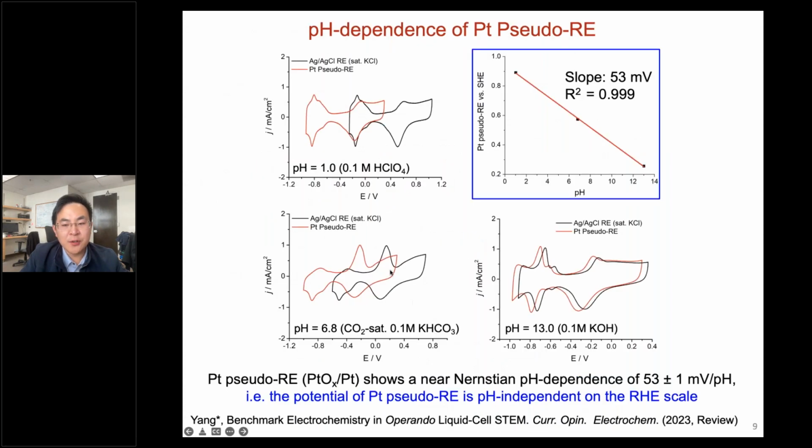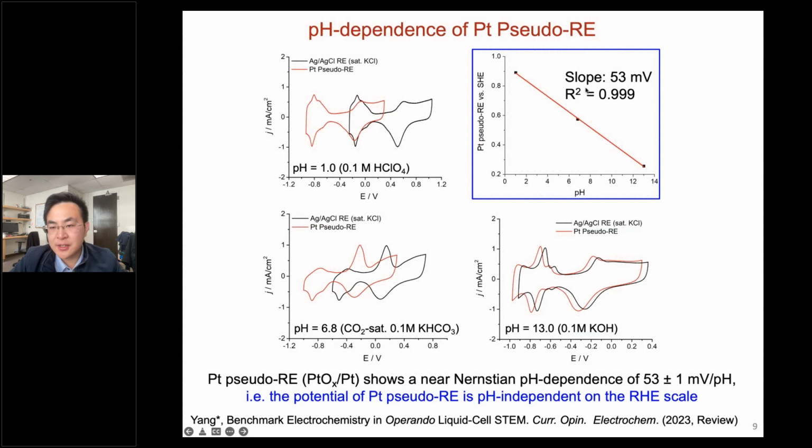So I'm going to give you a summary slide. Given the 3 different pH values, we can build a linear correlation of the potential of the platinum pseudo-reference versus SHE, which is 0 by definition, as a function of pH. We see a strong linear correlation with a slope of 53 millivolt.